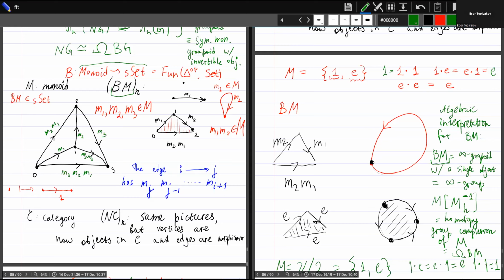We need to impose the condition that π0 of M is a group.